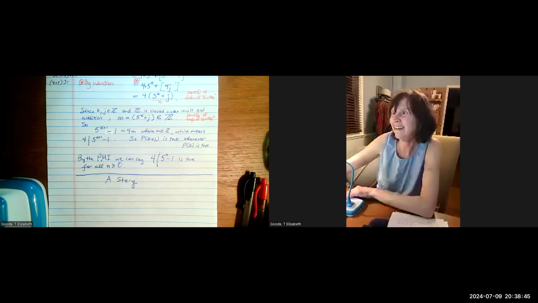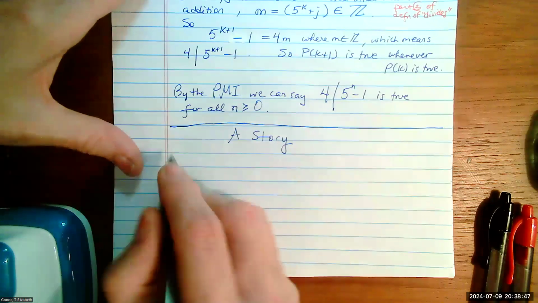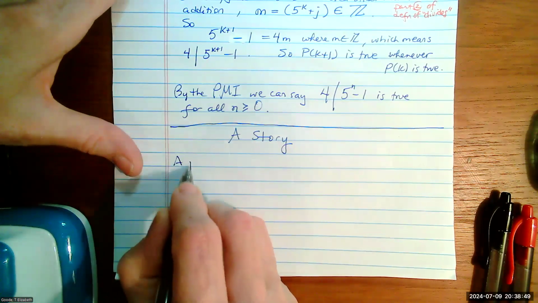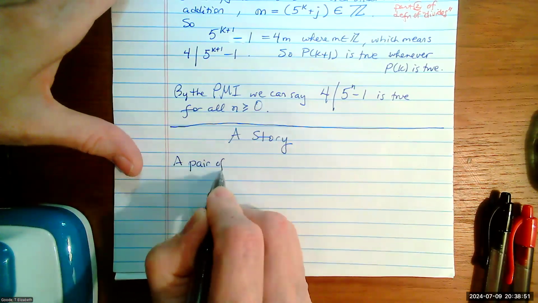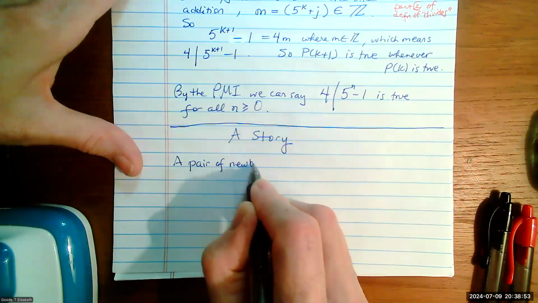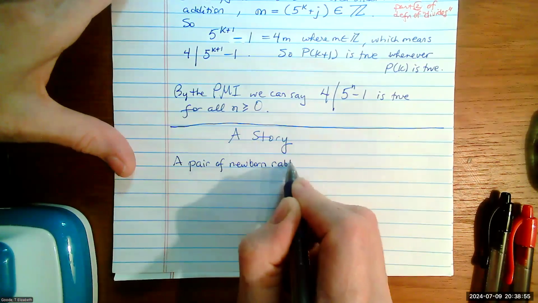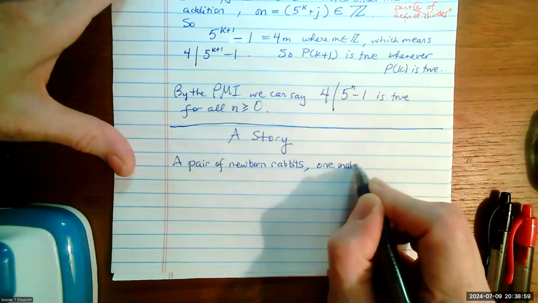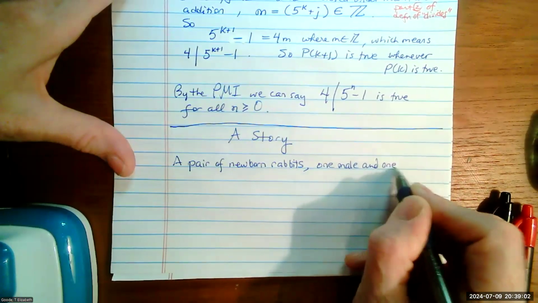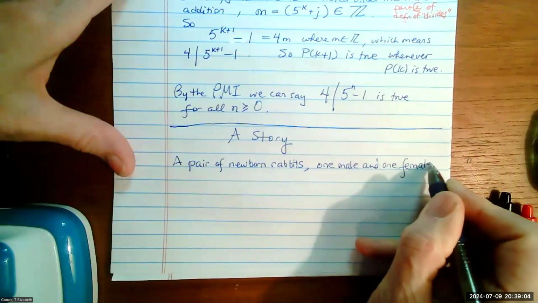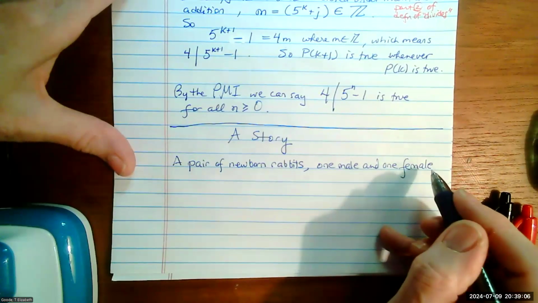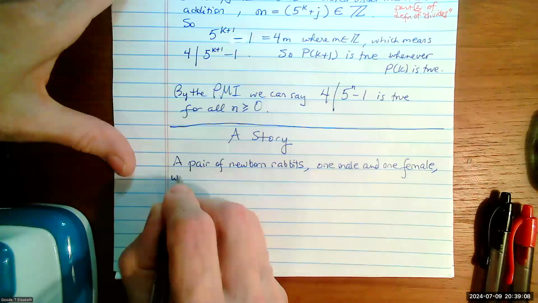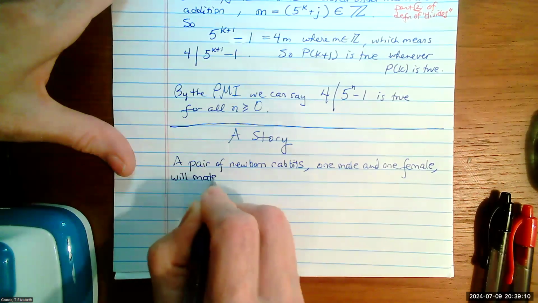Let me tell you a story. Here is the way it goes. A pair of newborn rabbits, one male and one female. Okay, so it's kind of a perfect world. There's one male, there's one female. They will mate for life. Like I said, it's contrived.